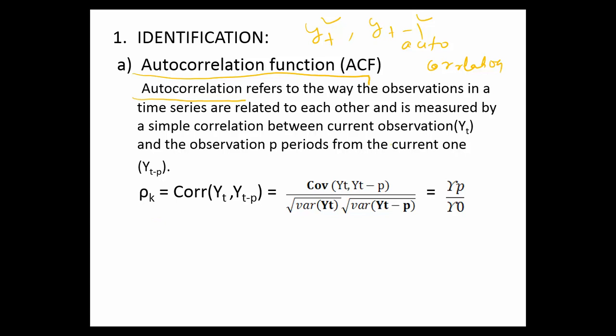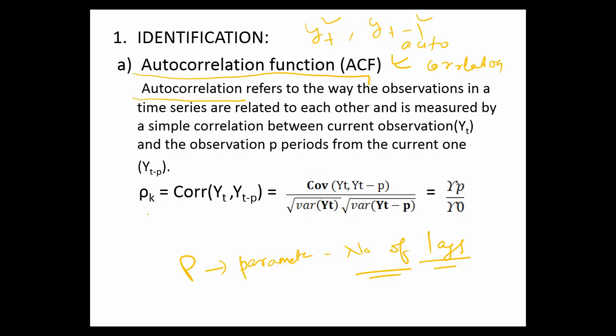And why do we need to measure this? This will help us determine the parameters, the number of lags. You remember I was talking about the number of lags to be used in the time series model. So we'll compute the autocorrelation ACF function while doing the time series modeling.